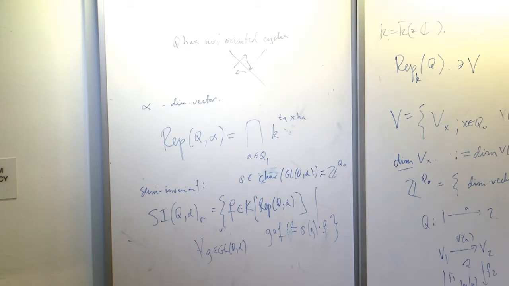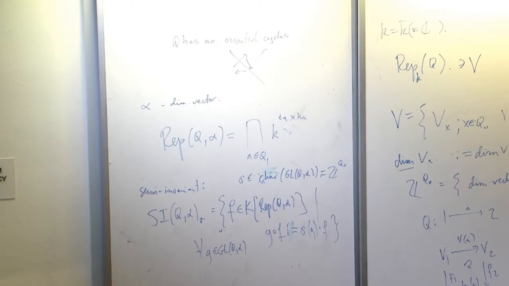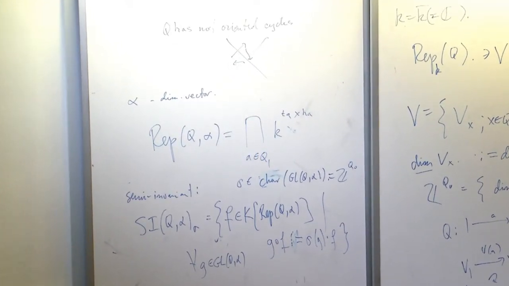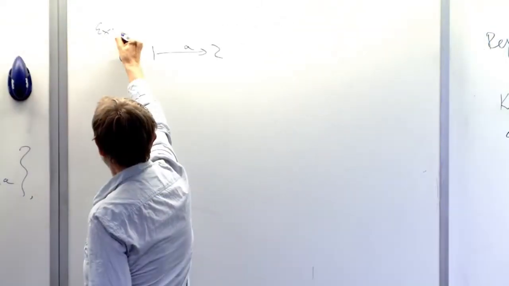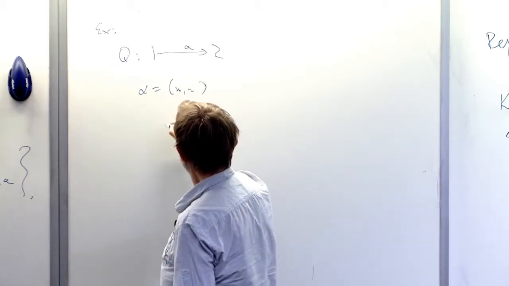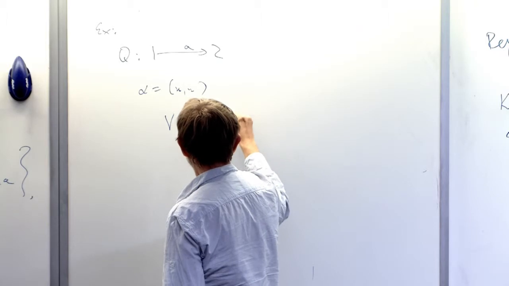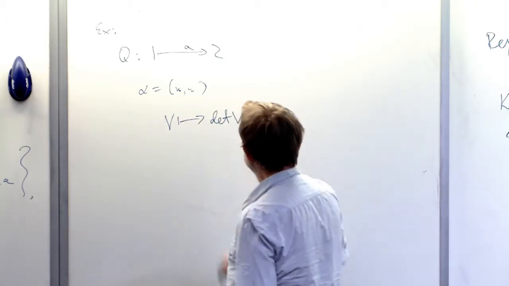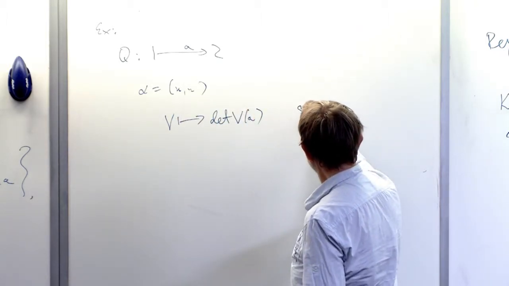Let me give you the simplest example. We take the quiver Q, 1 to 2. Then if I take the dimension vector alpha to be (n, n), then V goes to the determinant of V(a) will be a semi-invariant.